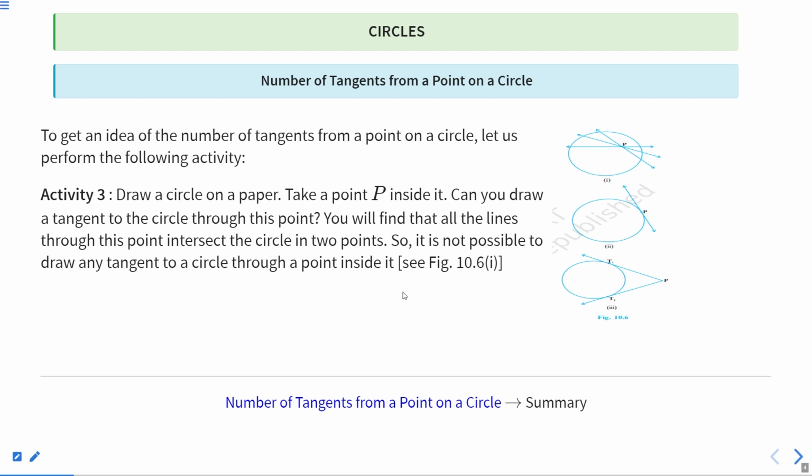inside it. Okay, so if you see this figure, here we basically take the point P, and we draw some lines, and these lines are intersecting the circle at 2 points.